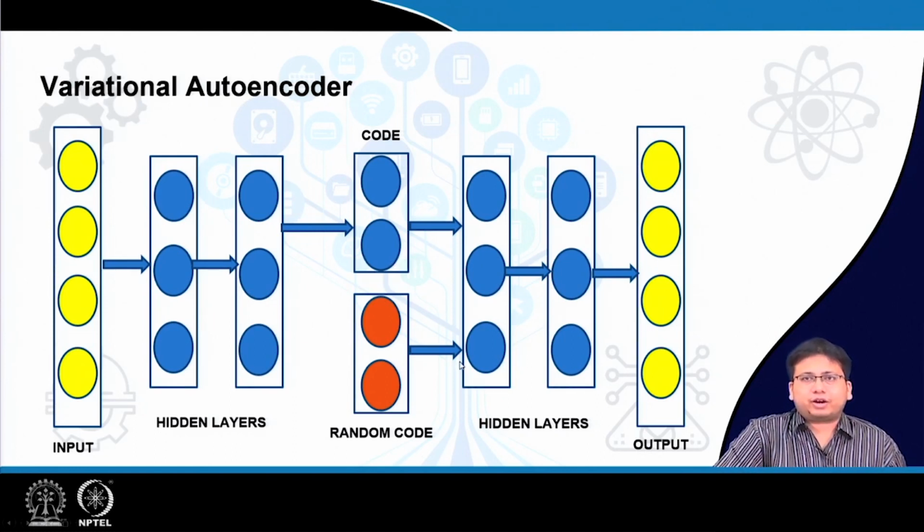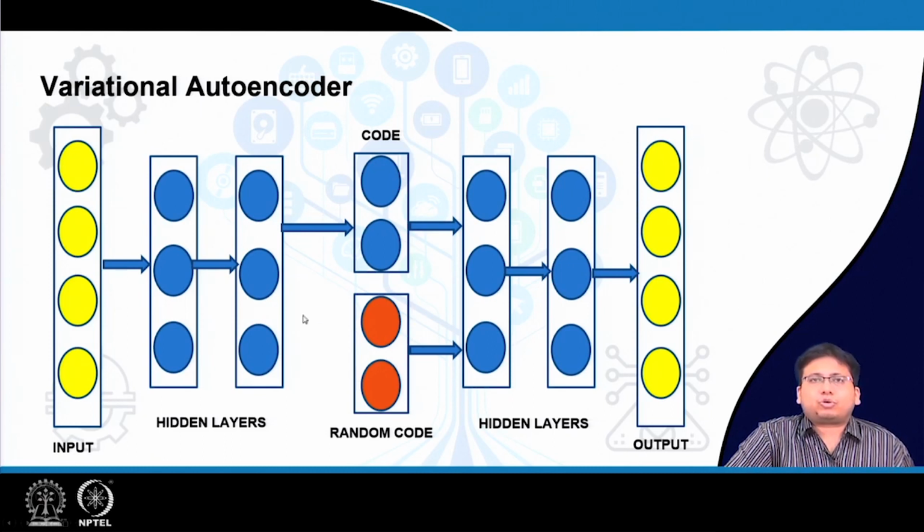The important thing here is the code, which is a low dimensional representation. The input and the output are the same because we have an input vector, and we are not trying to map it to something else. We are only trying to build a small low dimensional representation of the input. However, that code should be such that it is possible to decode and get back the original thing also.